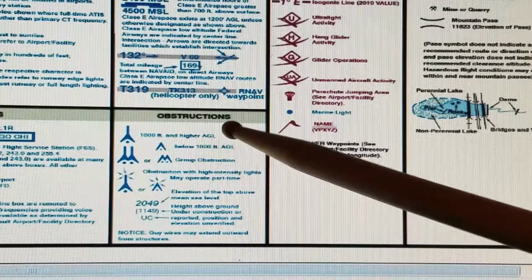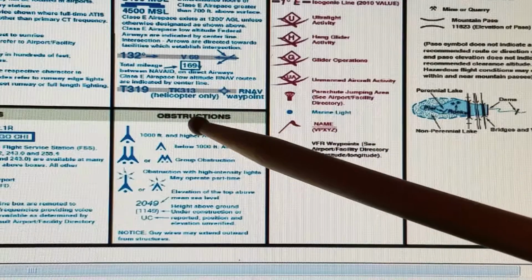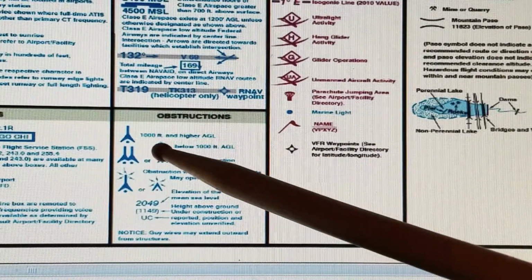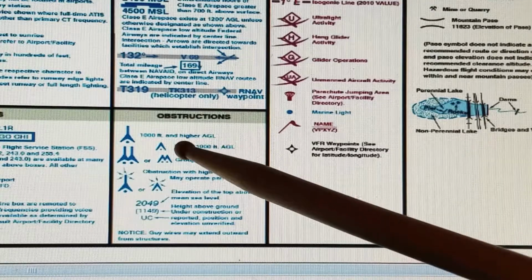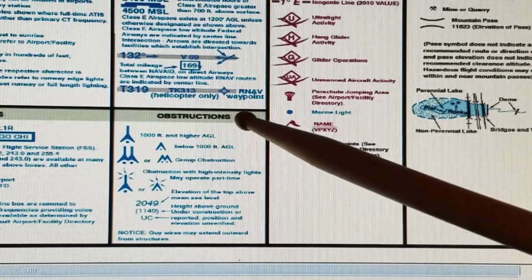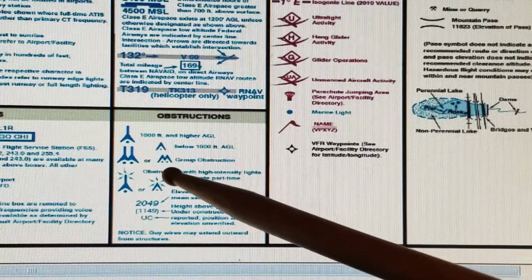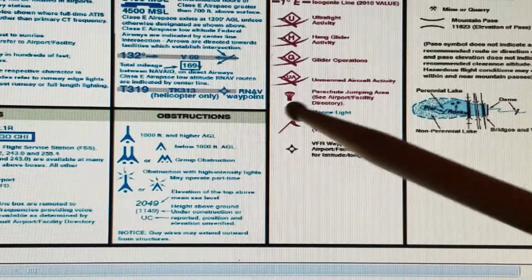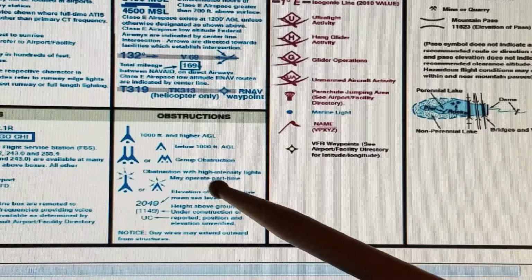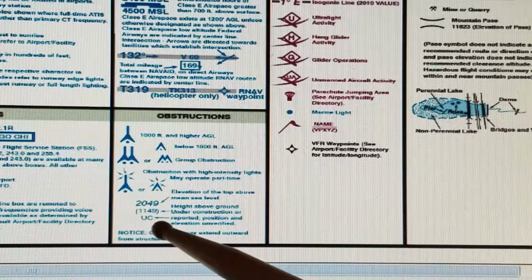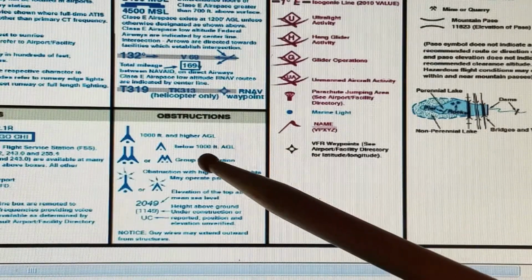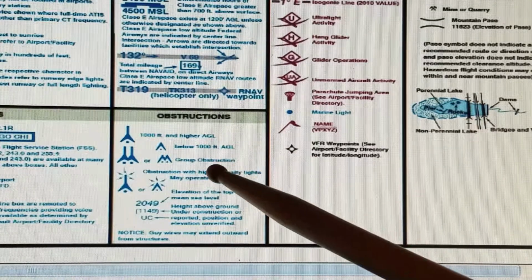Any obstruction less than 1,000 feet is an inverted V. If it is multiple, it looks like the letter M, and if it is guy wires, you get that symbol also.